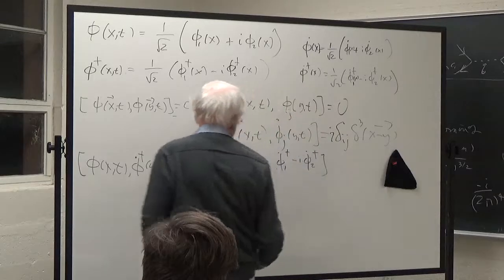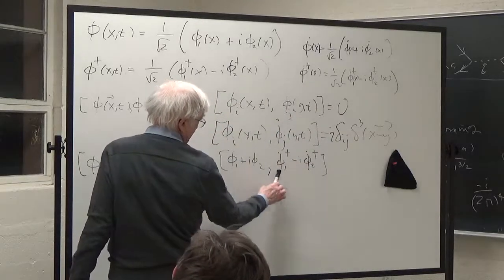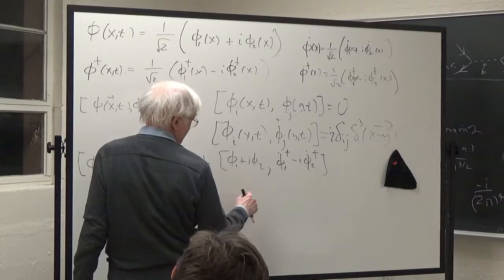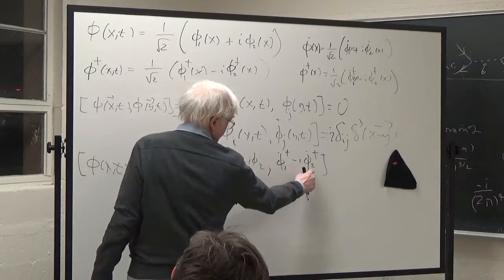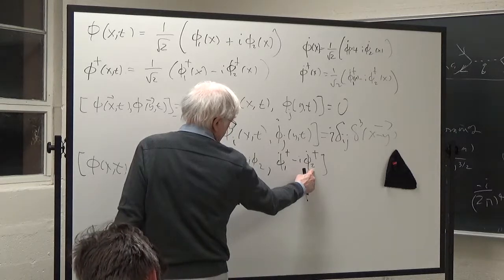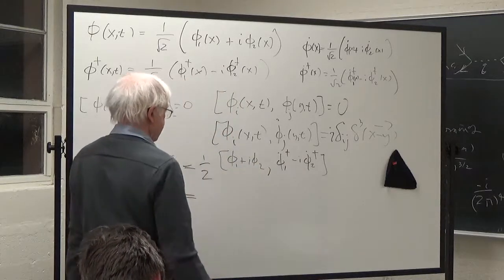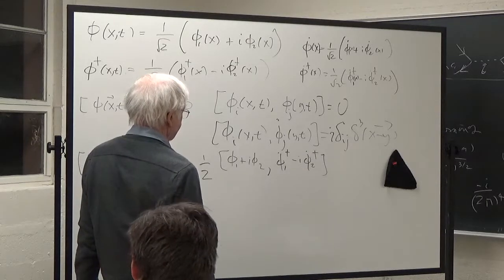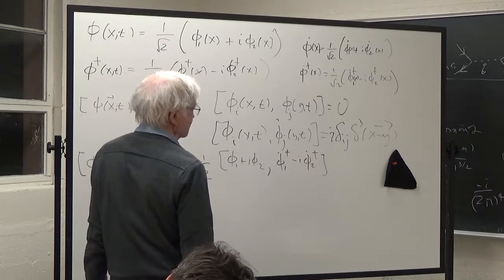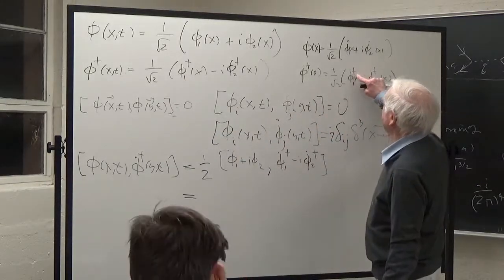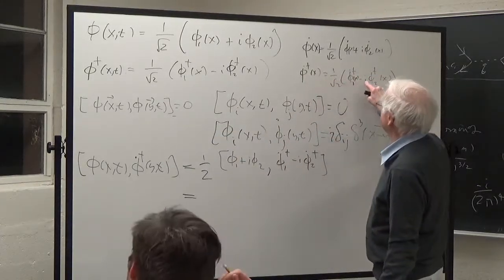Okay. Well, phi 1 with phi 1 dot dagger, that'll give us i delta. Phi 2 with phi 2. Okay, hold on a second here. Oh, these are real fields. So once you do a dagger on them, it doesn't matter.